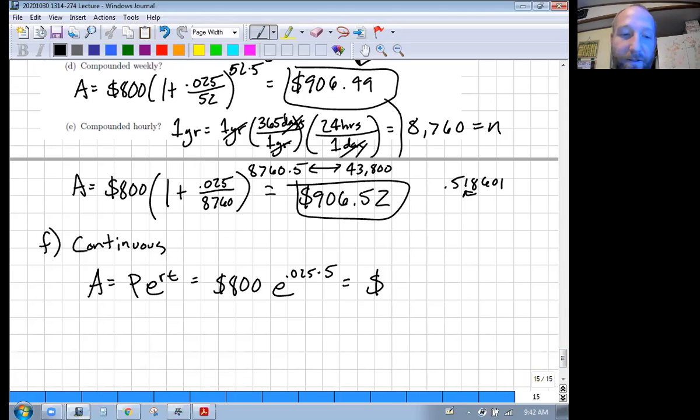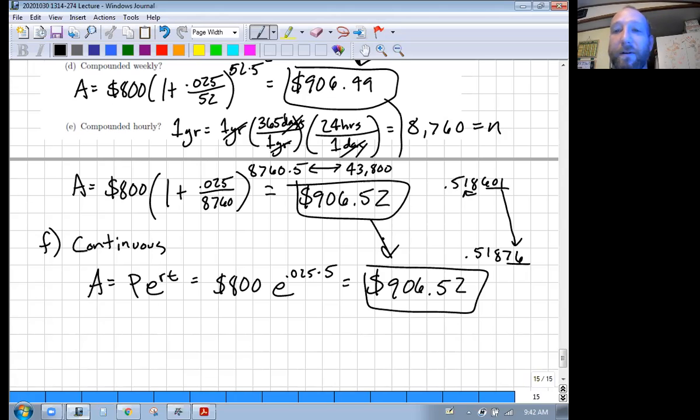I get $906.52. This is really 0.51876. So you can see the difference here. It increased, but it's way down in the decimals. So in the end result, you can't compare. You don't notice any difference between compounding hourly and continuously, because the difference is too far down in the decimals.